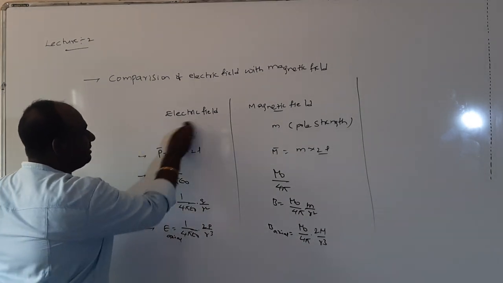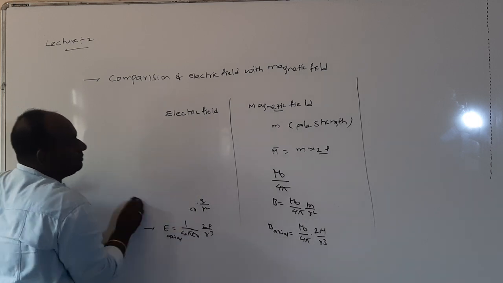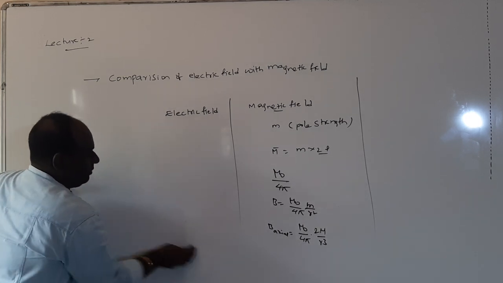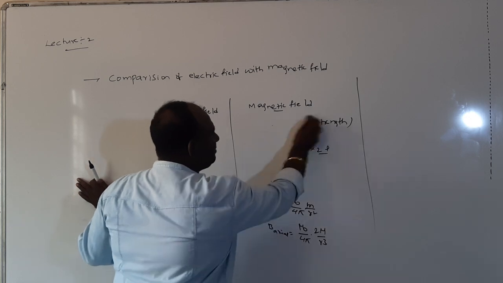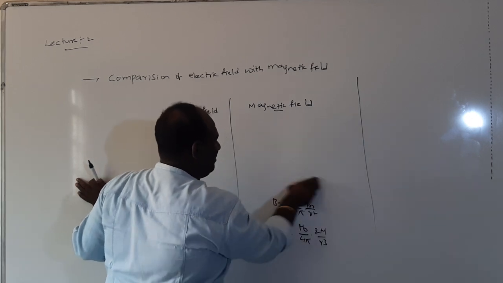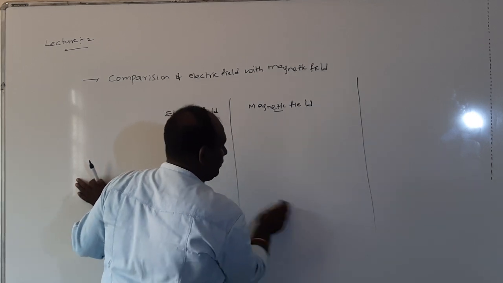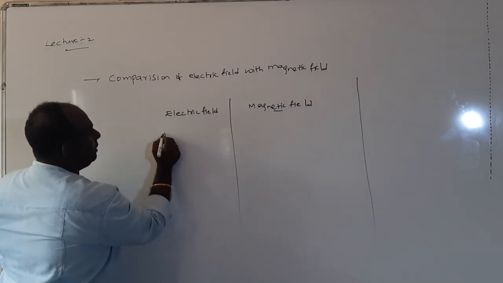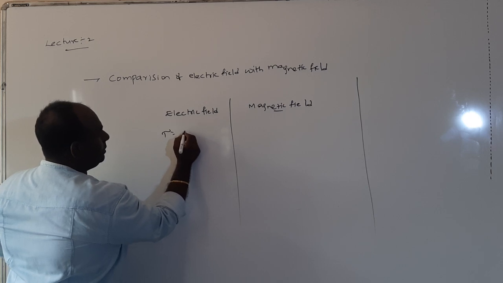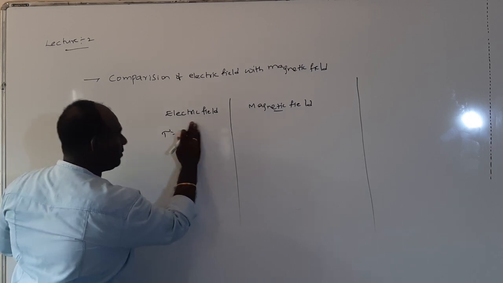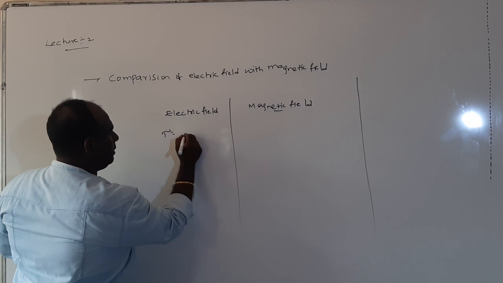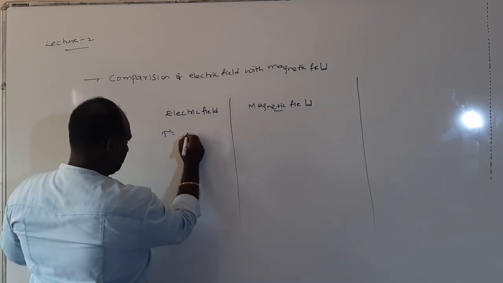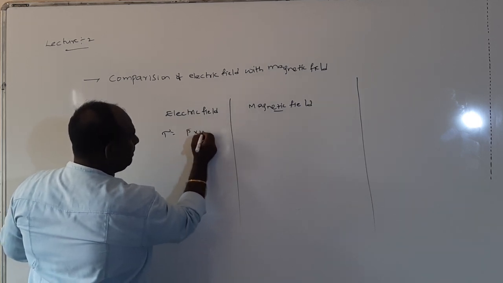Some more terms I am going to give. Next, torque acting on an electric dipole. Torque tau is equal to p bar cross e bar.